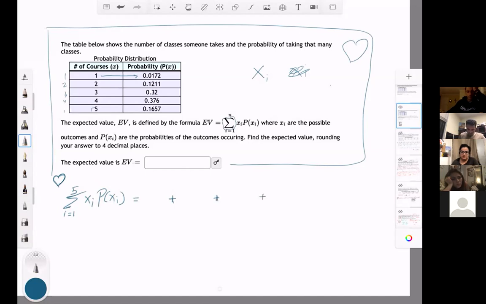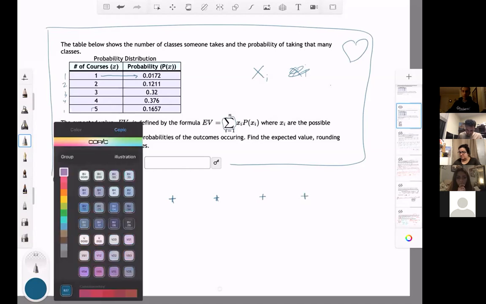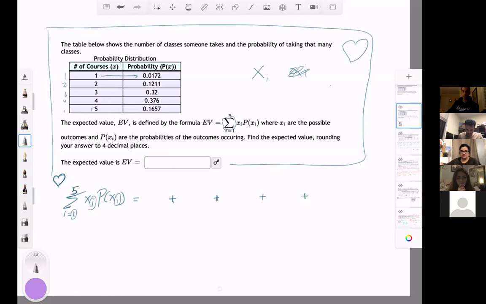This i starts from 1 and goes by 1 to 5. If this 5 was 500, then we had a problem. What is 5? We have to do 5 additions: 1, 2, 3, 4, 5. So the first one, let's pick purple: x1 p of x1, x2 p of x2, x3 p of x3, x4 p of x4, x5 p of x5.